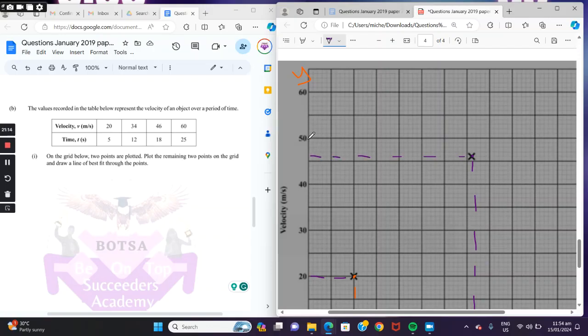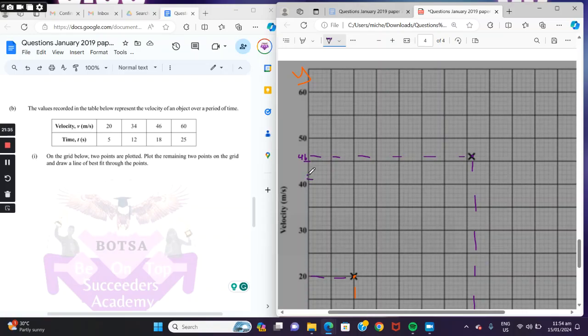So if 40 is here and 50 is here, will that be 45? Let me see. 41, 42, 43, 44, 45. Yeah. So this will be 46. So this one is a different scale. Every one small box is the next number.